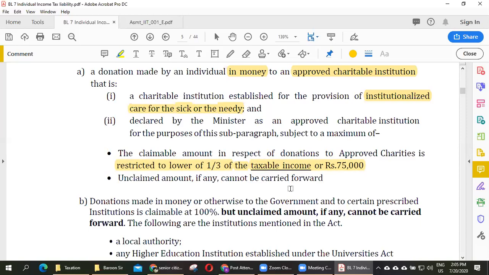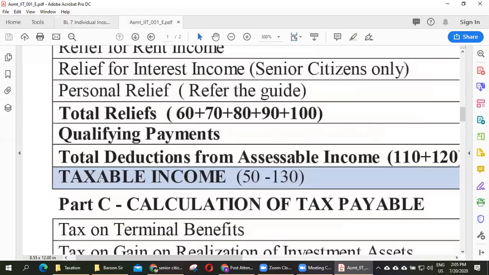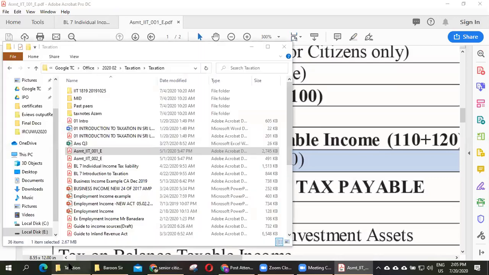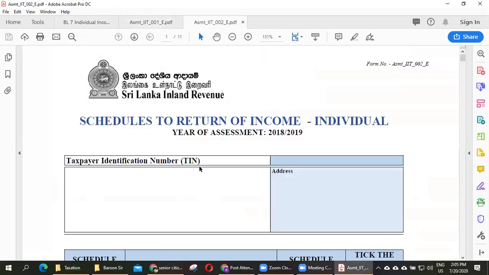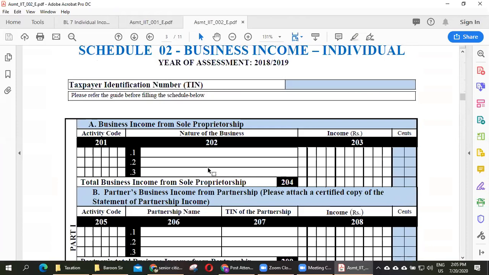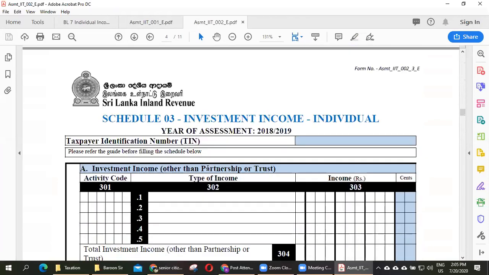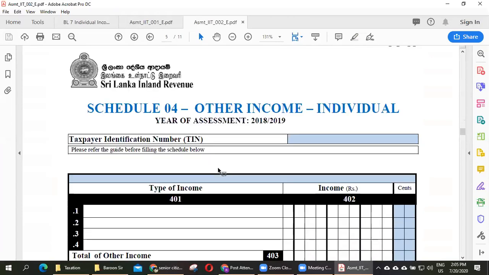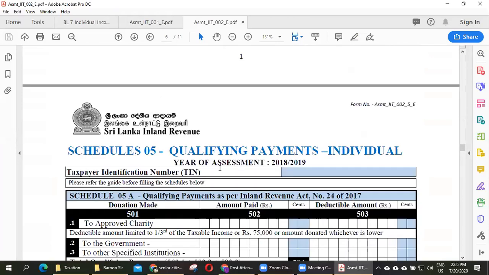So what is the maximum amount we can claim? 75,000.